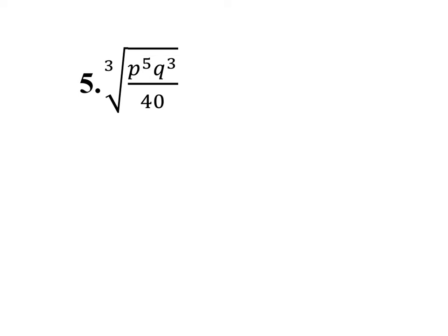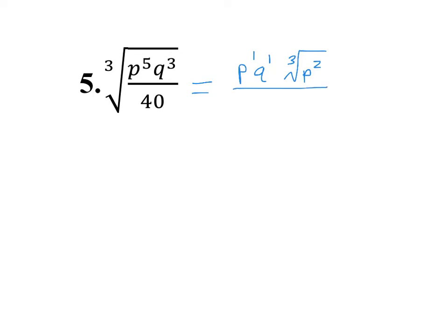Okay, for number 5, let's break it up. So what is 5 divided by 3? 5 divided by 3 is 1 with 2 left over. And q divided by 3 is 1.